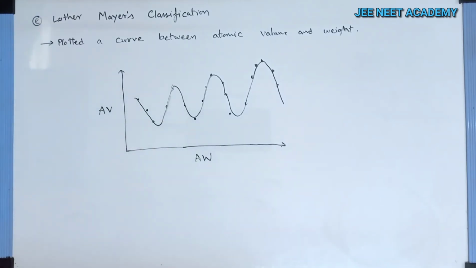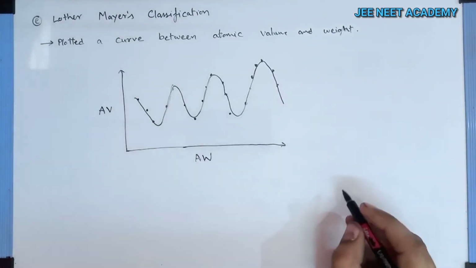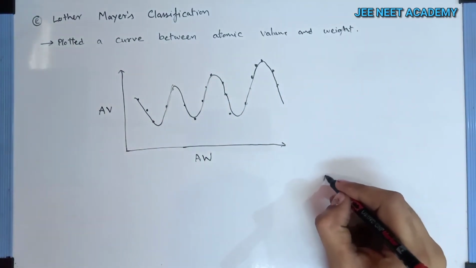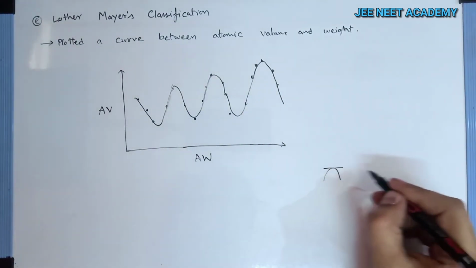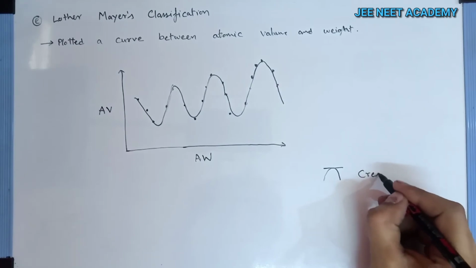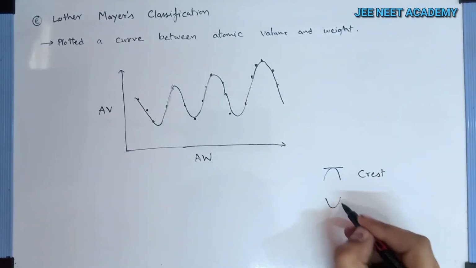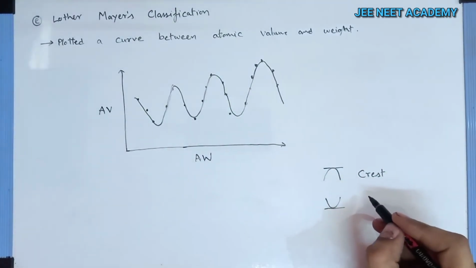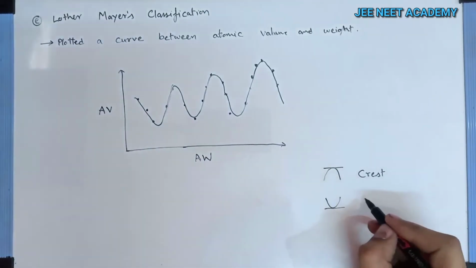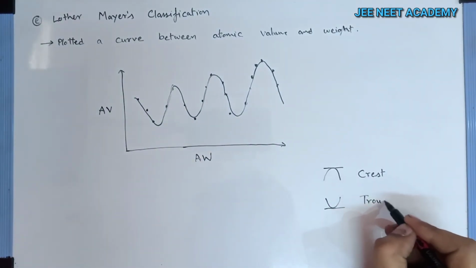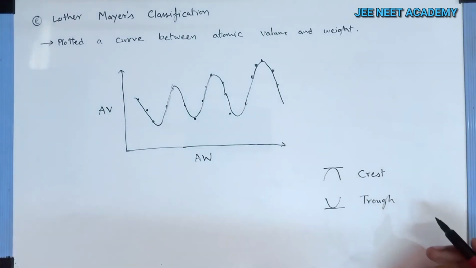Lithium, sodium, potassium, rubidium, cesium: he saw that all these elements are coming on the crest of the graph. I will explain what a crest is. In this graph, this is a crest and this downward point is a trough.